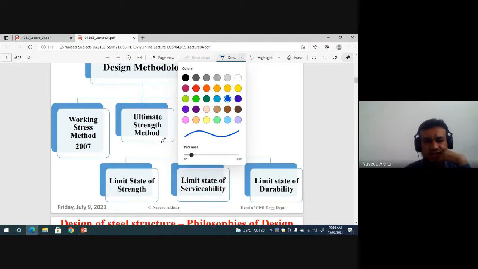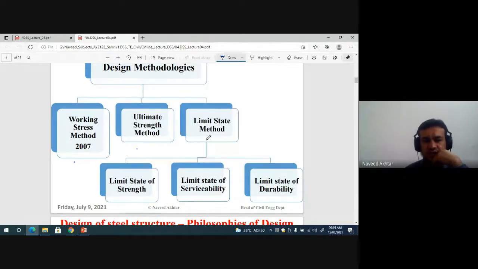Previously it was working stress method, but due to the drawbacks in working stress method, the sections are not economical. Also, the partial safety factors we are considering are adaptive, and the member sizes are very large, and hence they are uneconomical. In the ultimate load method, we have seen that the sections are very slender.